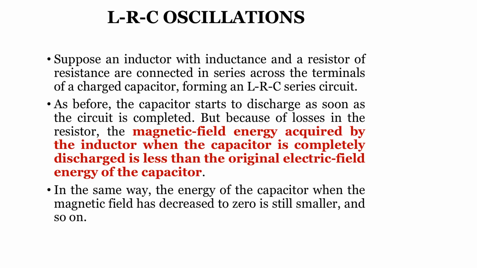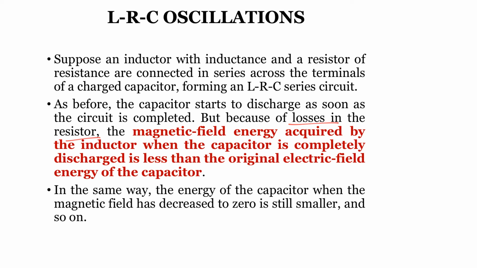Suppose that you connect the inductor, the resistor and the capacitor in series. What happens is there will be a loss of energy in the resistor. The inductor still acquires magnetic field energy, stored inside the magnetic field, but it's not going to be the same value and it's not going to be constant.